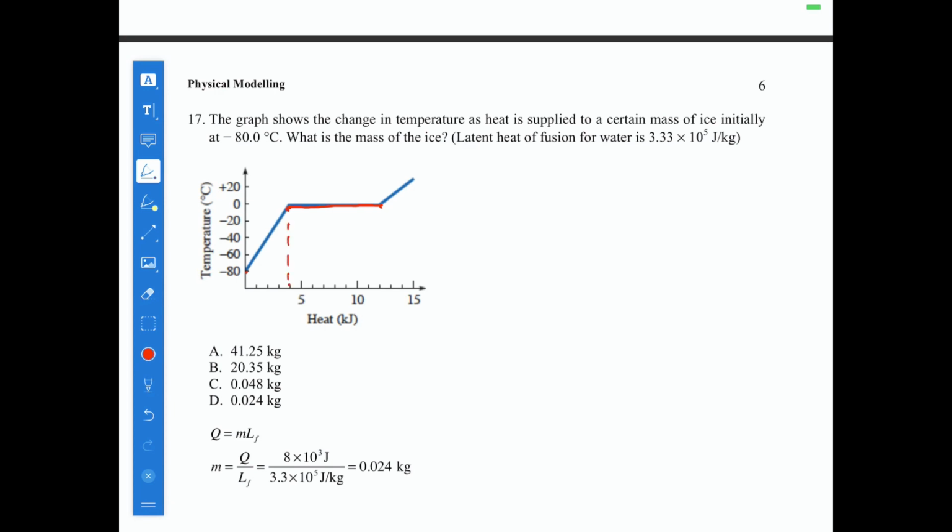In terms of heat change, this is 12, this is 4. 12 minus 4 means 8 kilojoules. This is the amount of heat it absorbs, the latent heat of fusion. To find the mass, M equals Q over latent heat of fusion.